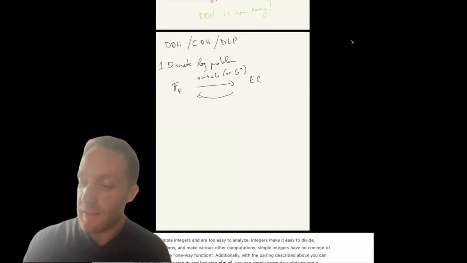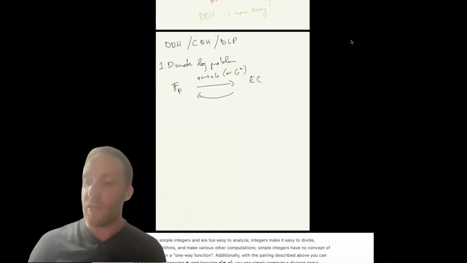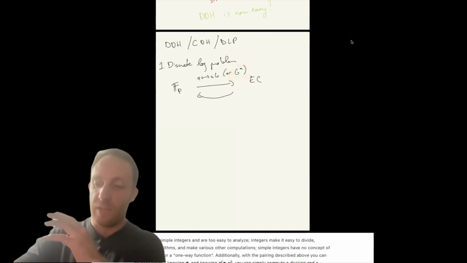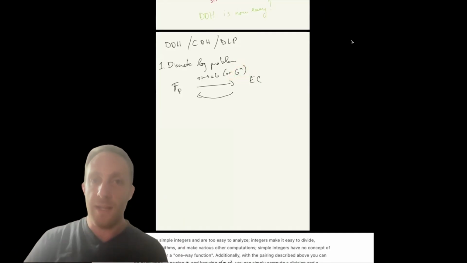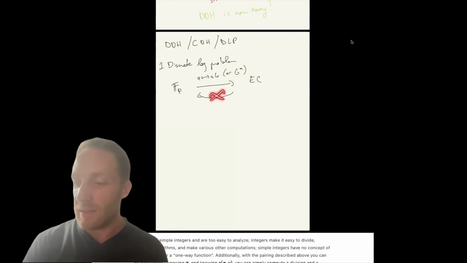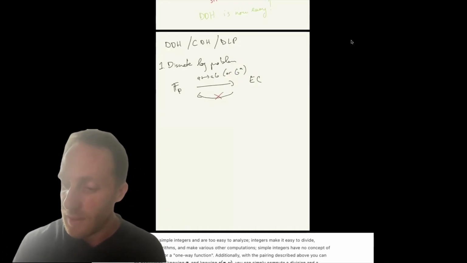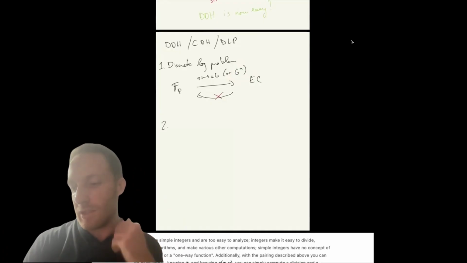Then going back is: can I find back the a? It's called the log problem because when you represent it with multiplication, g to the a, you want the log, you want to get back the a. So this is still not possible.